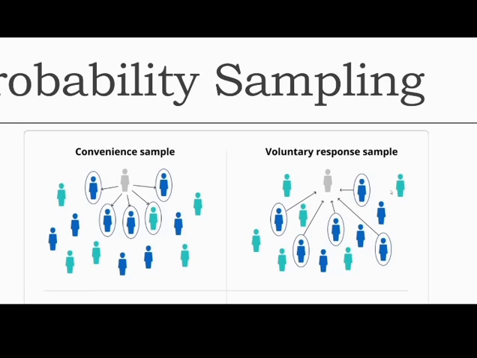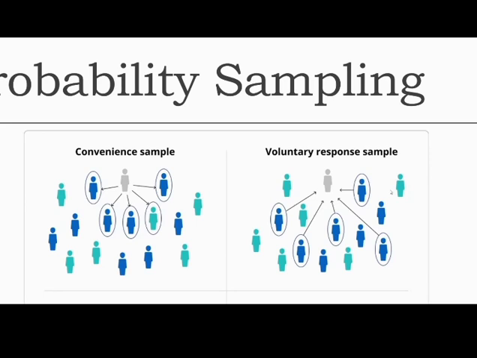That's impossible because anybody can be a customer. So in order for you to get data, you have to go to the place where the ones who are there are the easiest to access. So they are the ones picked. So that's convenience sampling. So usually convenience sampling is used that way.